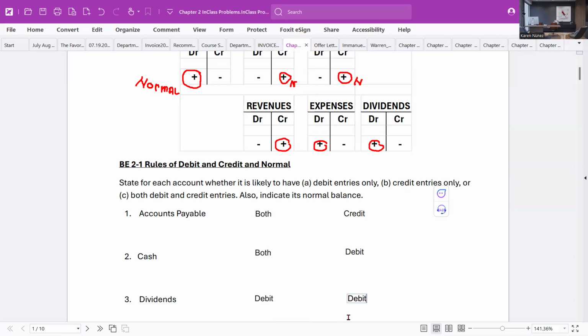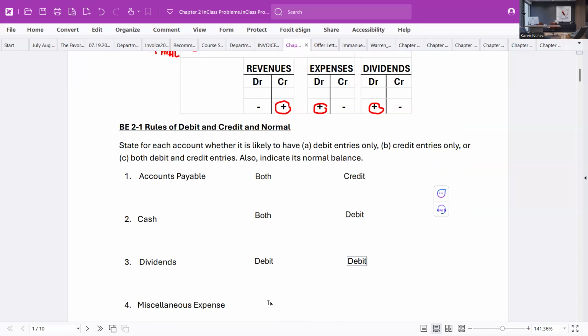balance. And when we look at miscellaneous expenses, expenses are just like dividends, right? We're typically going to be recording expenses. And so in most cases, we are only going to be debiting our expenses, right? So we would typically see debit entries for those transactions. And that increase side for expenses is the normal balance.